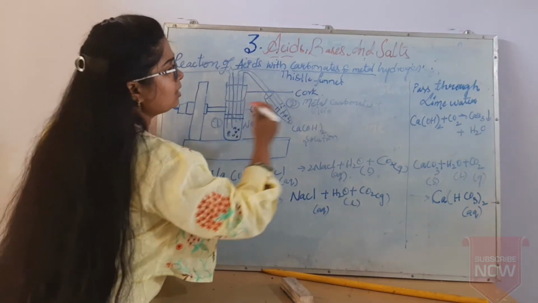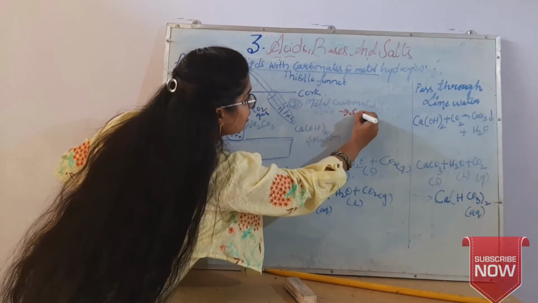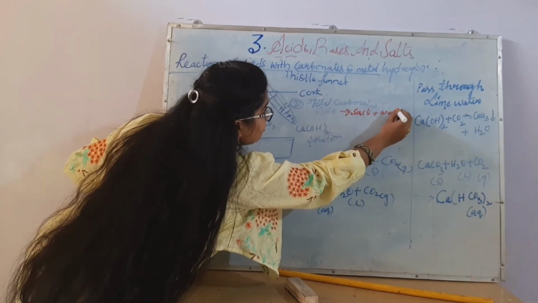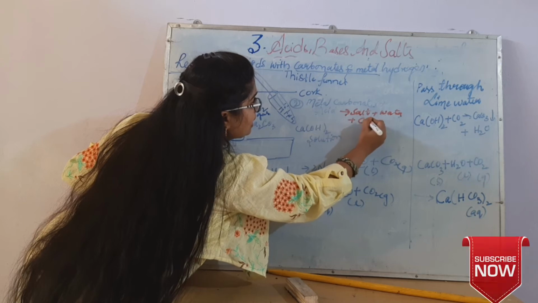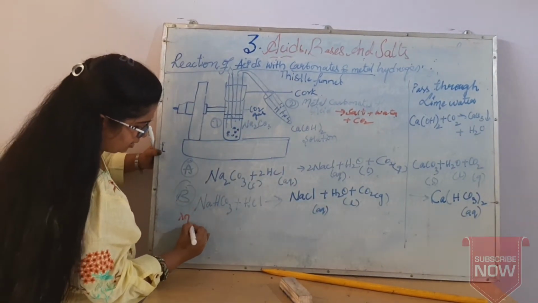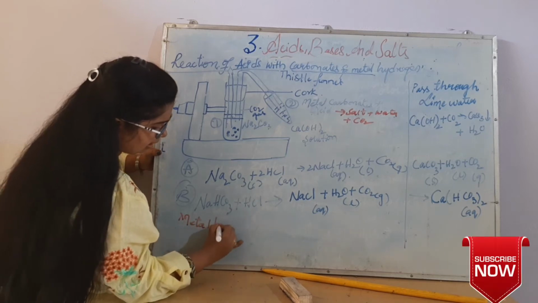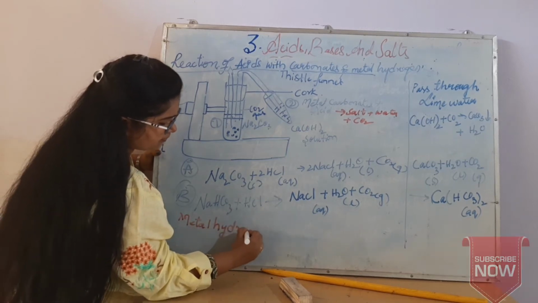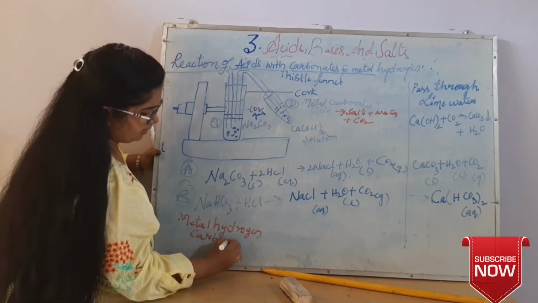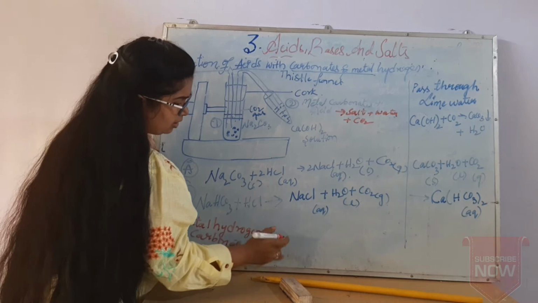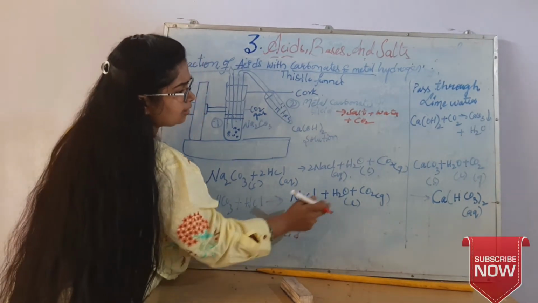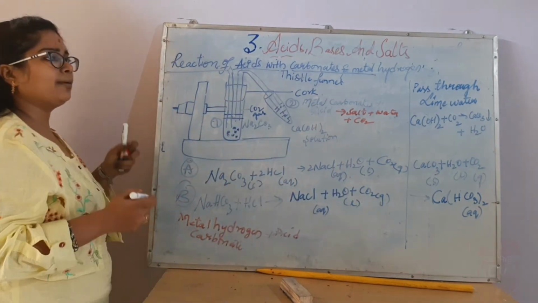Salt plus water plus carbon dioxide will be given out. The same with metal hydrogen carbonate reacted with acid. What will be given out? The same: salt, water plus carbon dioxide.